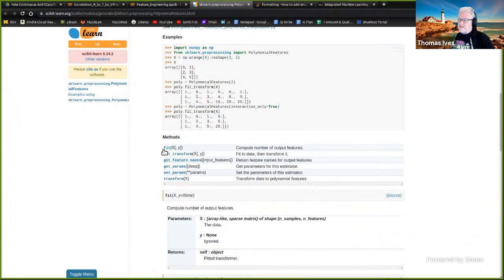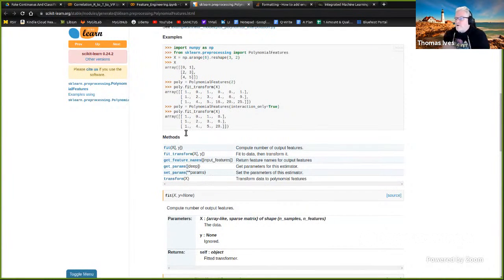So we can fit with the X, you give it the features, and it figures out the polynomial terms it's going to need to add. You can do it straight away, like fit_transform, and get back the polynomial features, the engineered features, that is. Or you can do a separate fit and then a transform.